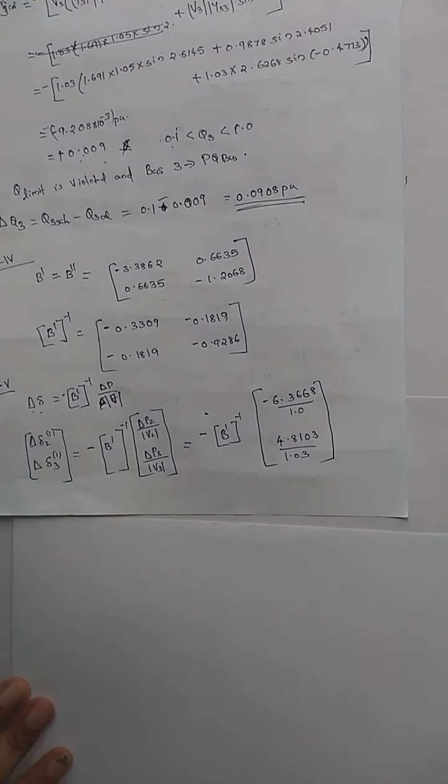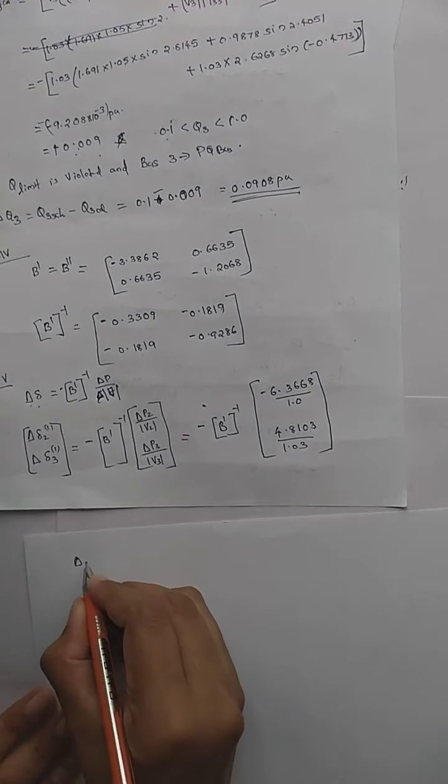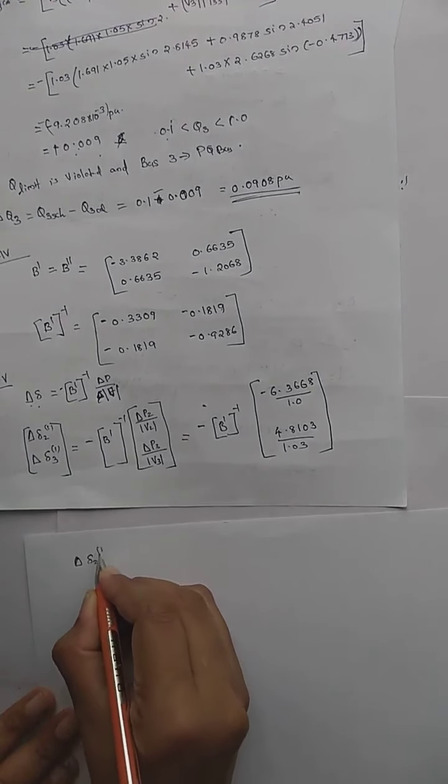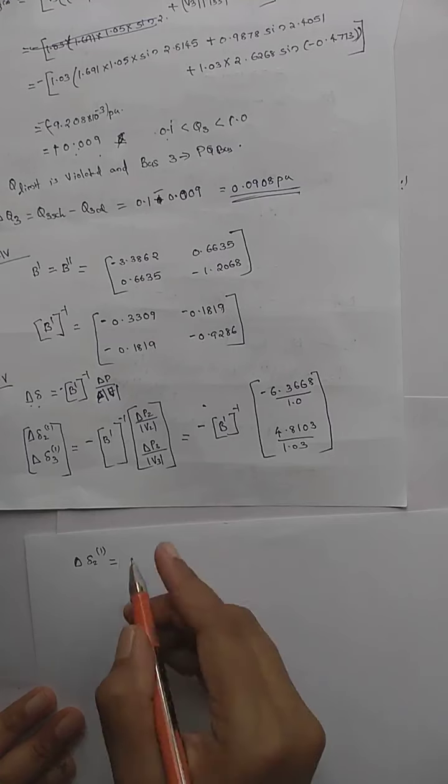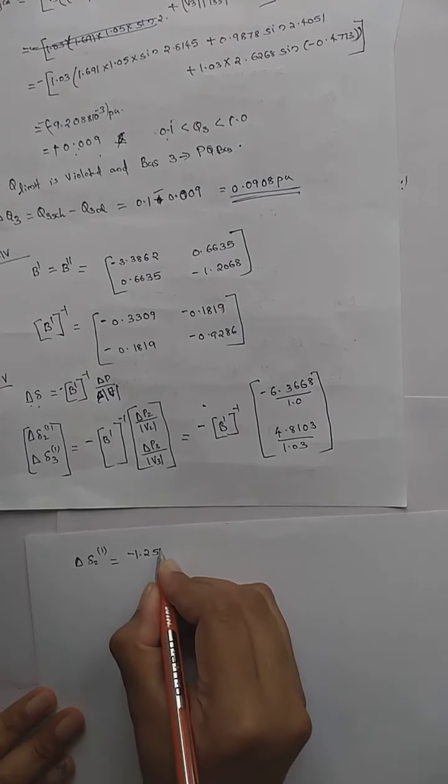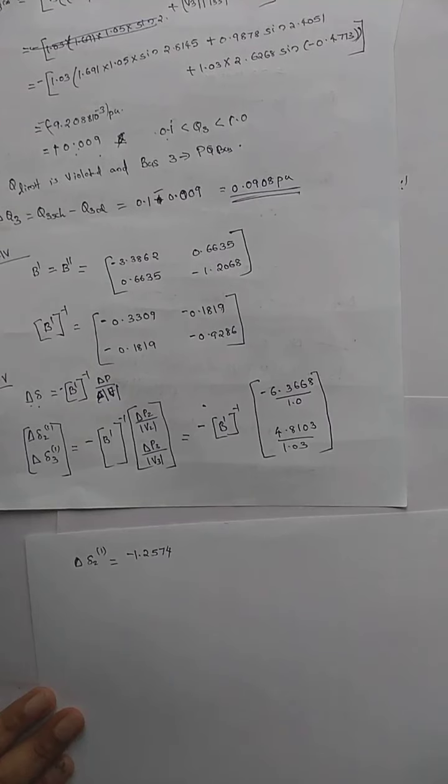So delta 2 of the first iteration will be equal to minus 1.2574. And what is the next value? That is minus 3.1785.